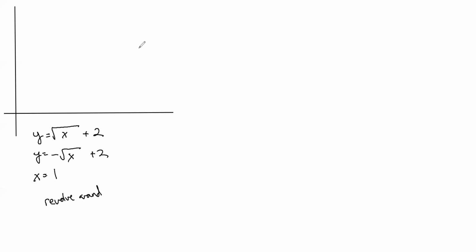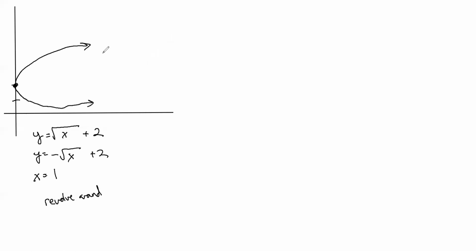So these functions, the square root of x kind of looks like this. The negative square root of x kind of looks like this. And because these are that function plus 2, they start at 0, 2. Here's one of them, and here's the other one.